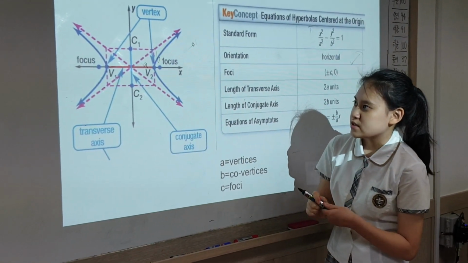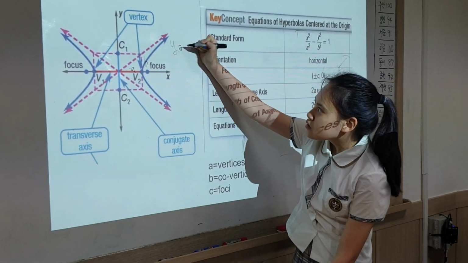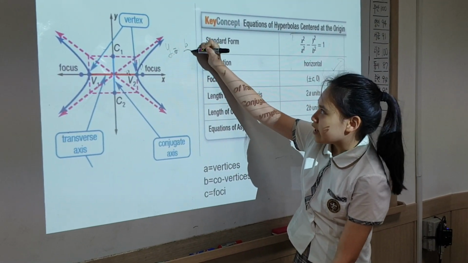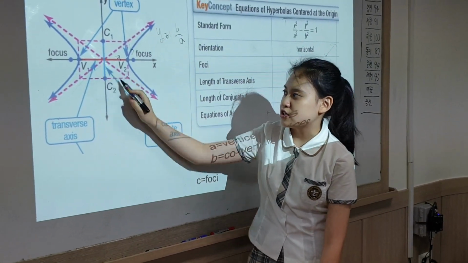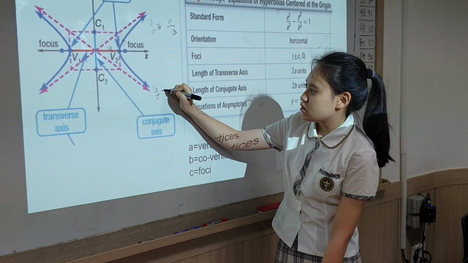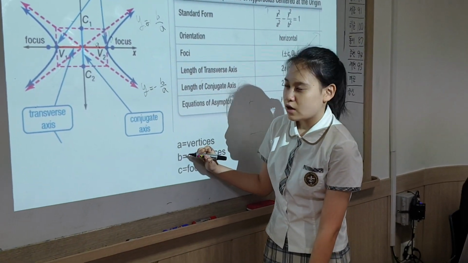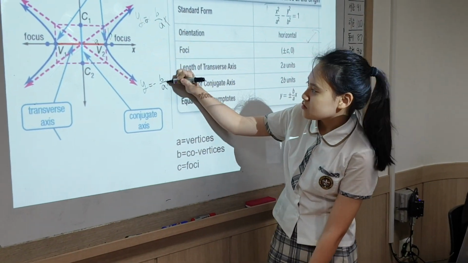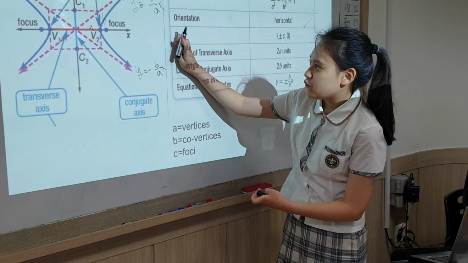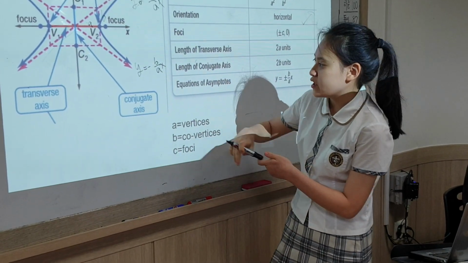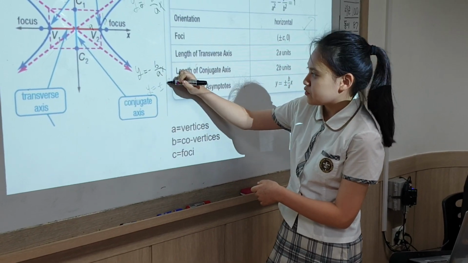So the equation of this asymptote will be y equals B over A x, and for this equation it will be y equals minus B over A x. Therefore, we can shorten it as y equals plus minus B over A x.